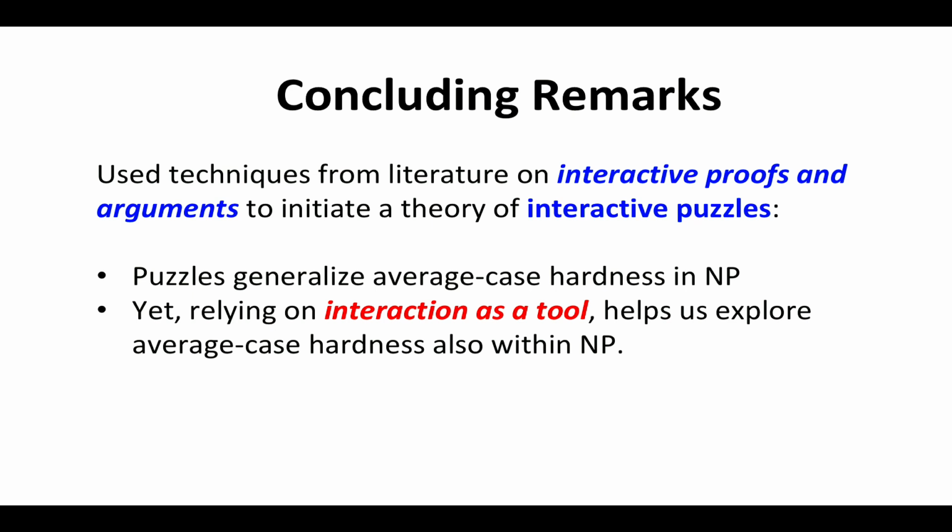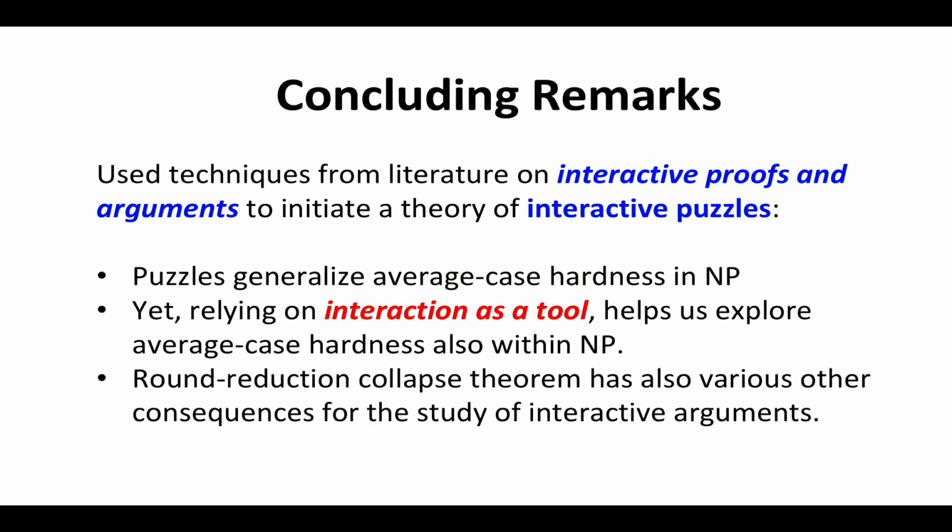Once we go to interaction, it turns out that we have this whole tool set that's already been developed for interactive proofs and interactive arguments that we can rely on. And in particular, that's what we did. We relied on several techniques developed for interactive protocols in order to explore average case hardness for something that's not interactive at all, in fact, just within NP. But going there relied on taking us to this interactive realm.